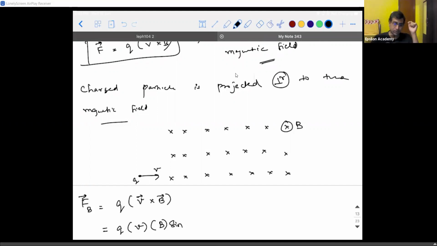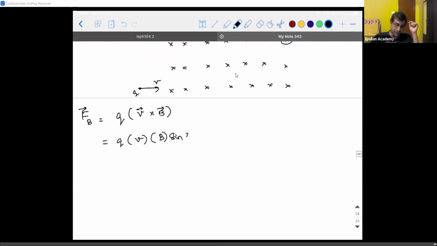I've given, no, it is perpendicular. It is sine 90 degrees, and I've written only the magnitude here. Okay, so the force experienced by the particle will be q into v into b. Now tell me, guys, what will be the direction in which it will experience the force?